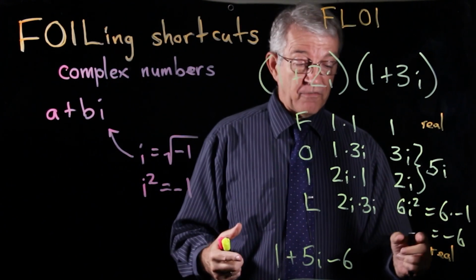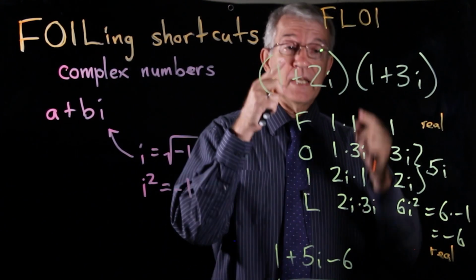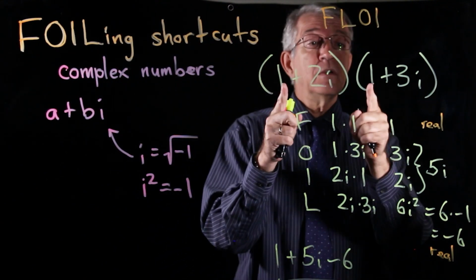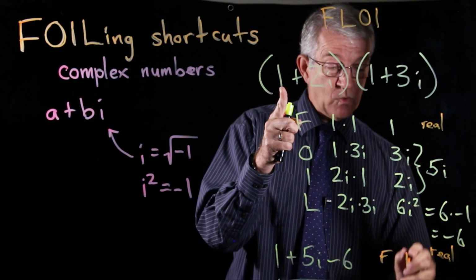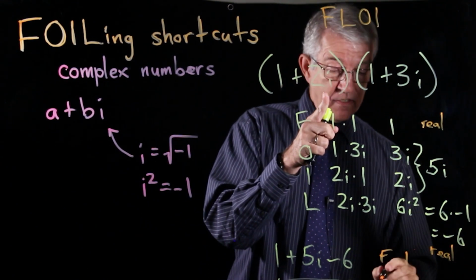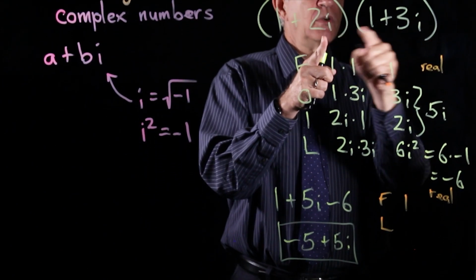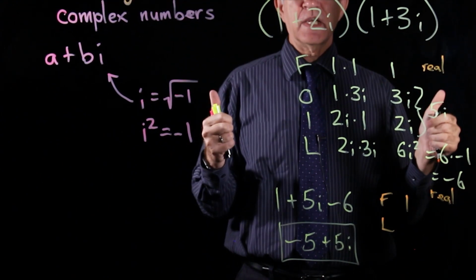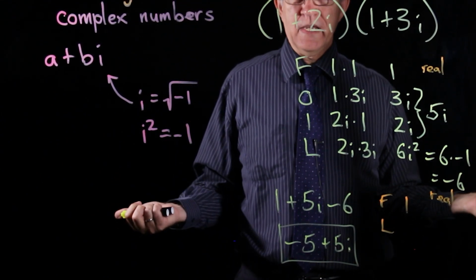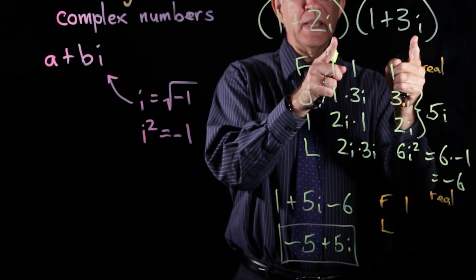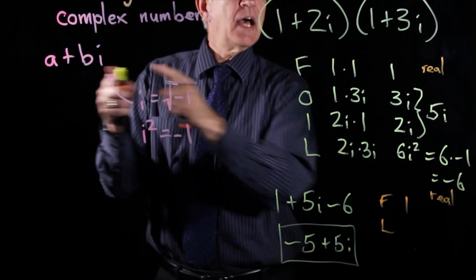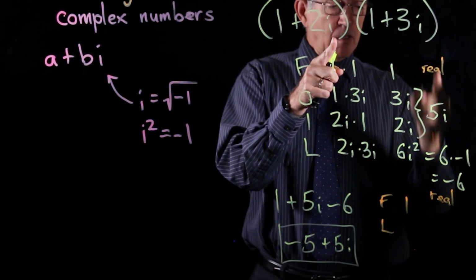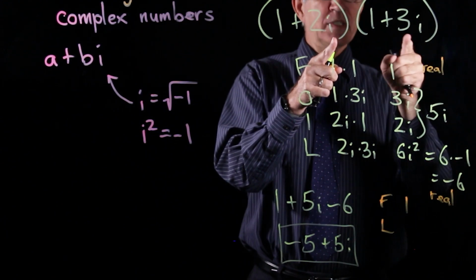So if I FLOI it instead of FOILing it, and I'll write down more than I need to, I do the first, it's 1 times 1. I do the last, it's 2 times 3. Here's the trick. The last is always a negative, because there's always going to be an i squared, because the last term in every complex number has an i. So i times i is always i squared. There's always a -1.